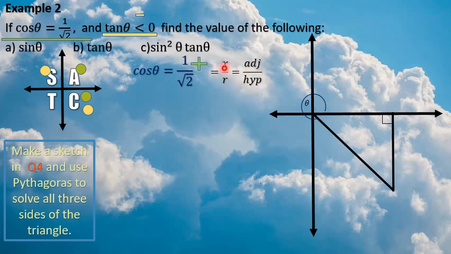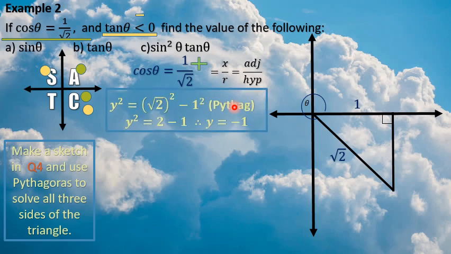So if we link up our numerators, you'll see that 1 is your x value, is your adjacent value, and the square root of 2 is your r value, which is also your hypotenuse. So let's substitute those values in, and you guessed it, use Pythagoras to solve for y again.